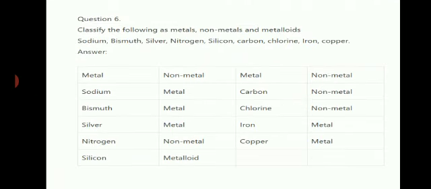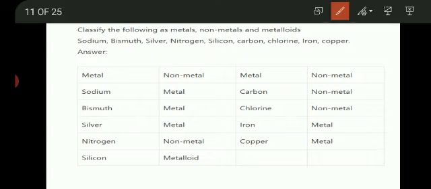Next, sixth question. Classify the following as metals, non-metals and metalloids. I explained already. However, I tell you now. The first one, metal. This is sodium, bismuth, silver, nitrogen, silicon, carbon, chlorine, iron, copper.